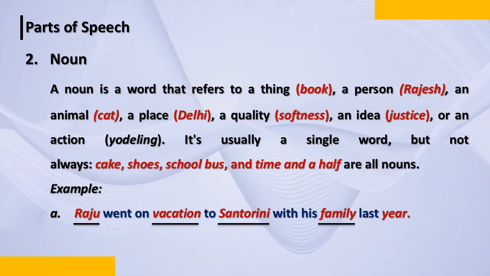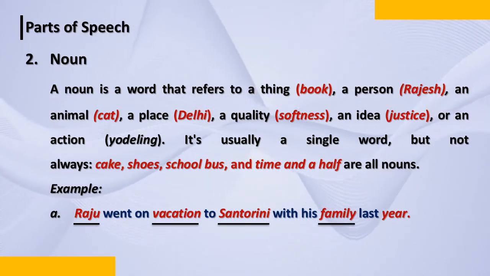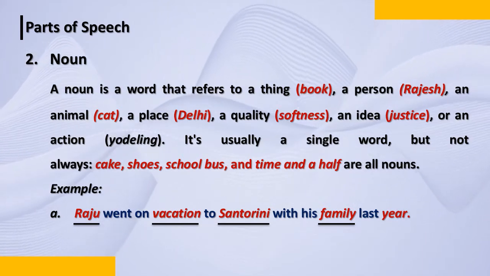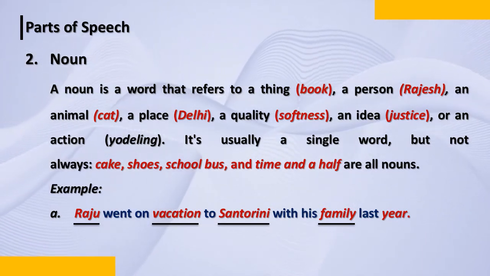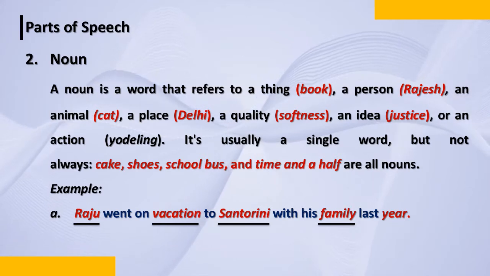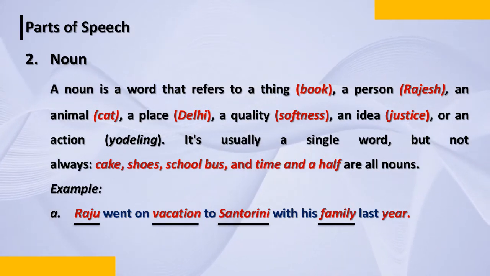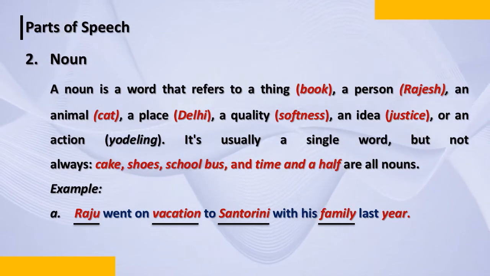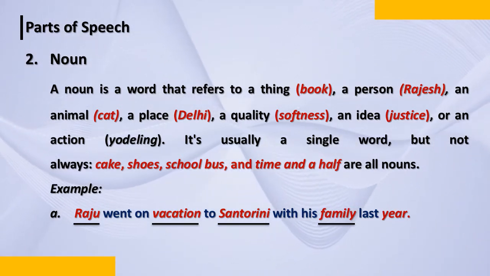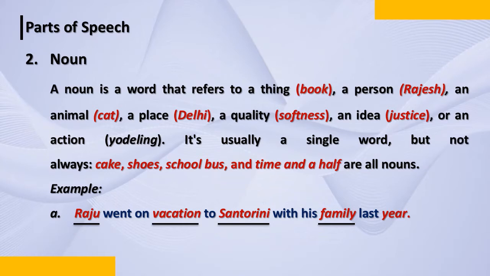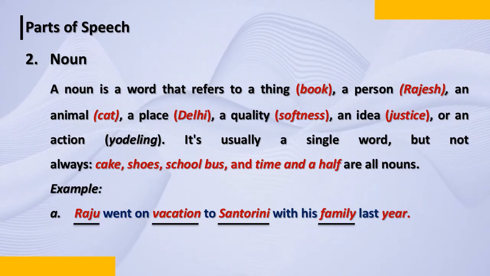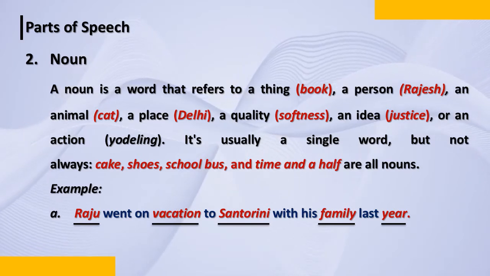And then family. Family is also a noun because it's a group of people. Family consists of grandparents, uncle, aunt, brothers, sisters, parents. All together combined, it becomes a family. So we have a lot of people there. That is the name of a group of people. And the last word is year.